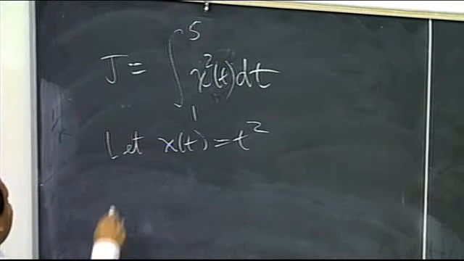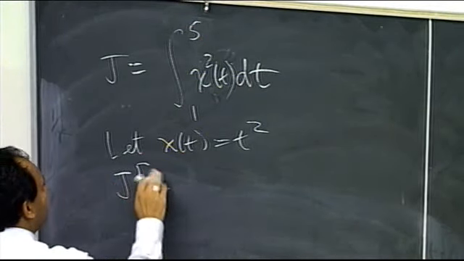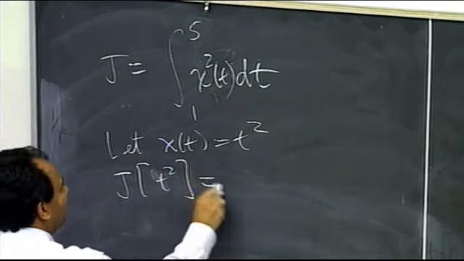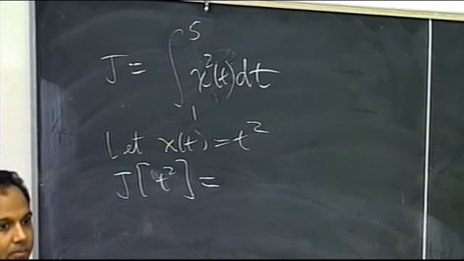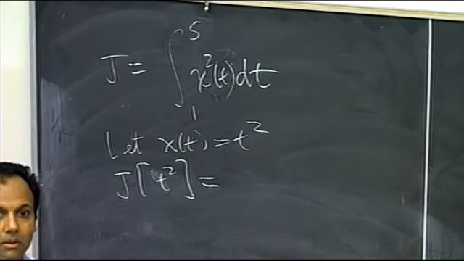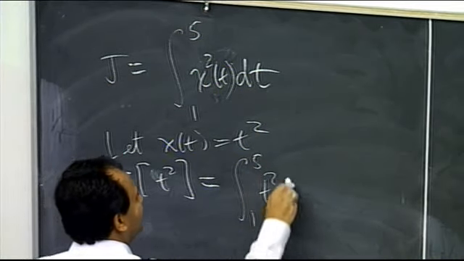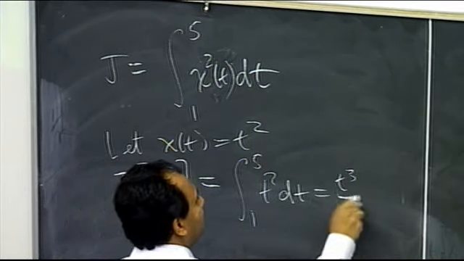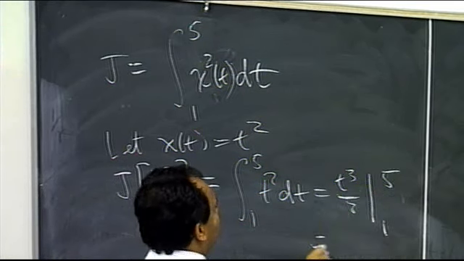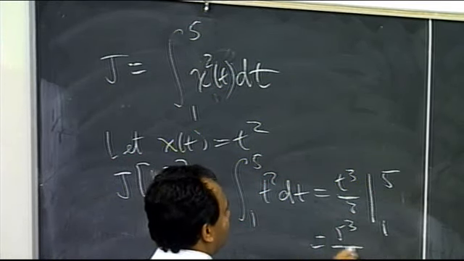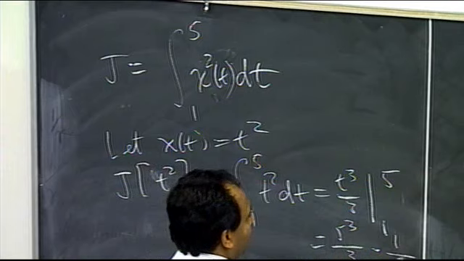What's the value? So when I say j applied to t squared, what do I get? Go ahead and do it. I get the integral from 1 to 5 of t squared dt, which is equal to t cubed over 3 evaluated from 1 to 5, which is equal to 5 cubed over 3 minus 1 over 3.